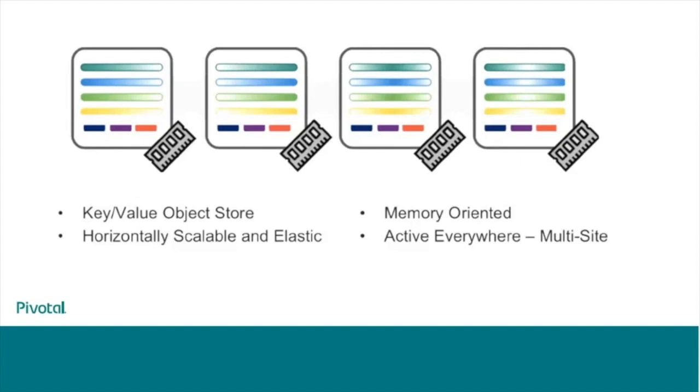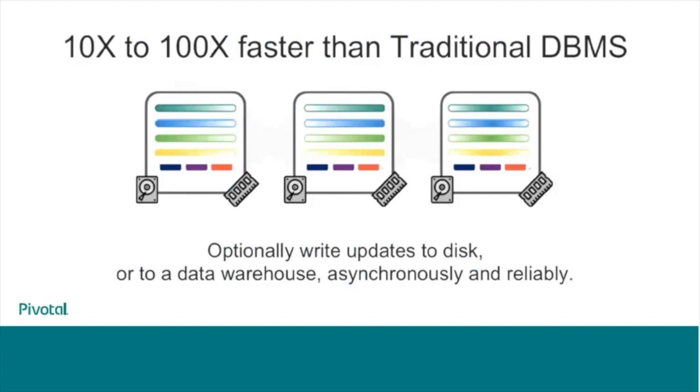It is a cluster-based system, so you can run it on commodity hardware or on cloud. Essentially, it's an in-memory data management system. So when I say in-memory, obviously that means that it is 10x to 100x faster than your traditional database management system.